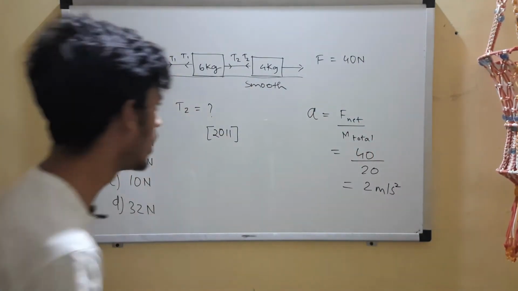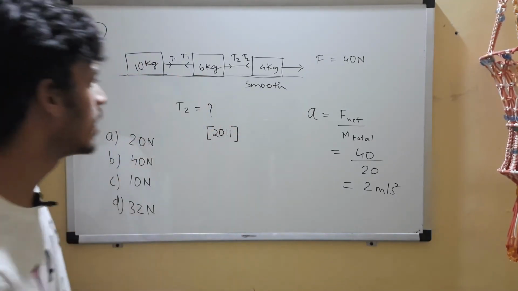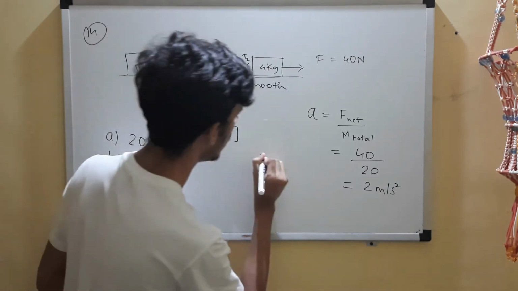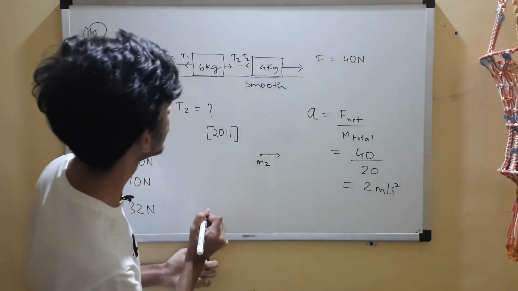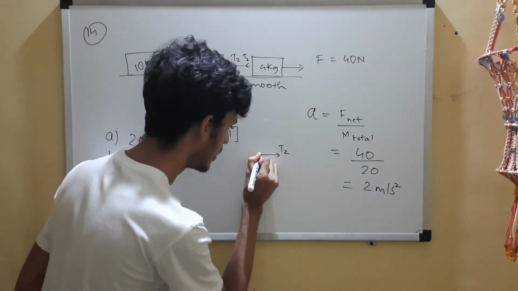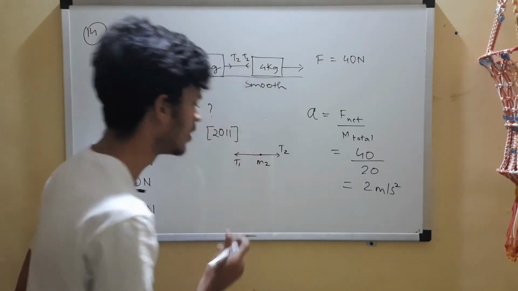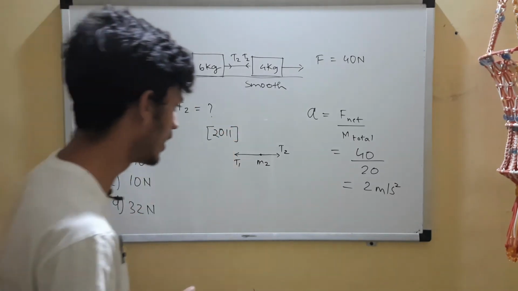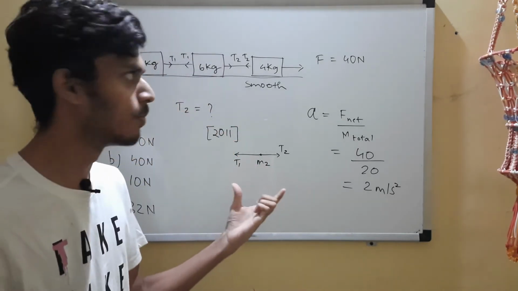Okay, so let's draw the FBD of the second one since we want T2. So this is M2. Let's draw its FBD. So you have T2 in this direction and you have T1 in this direction. There is no vertical motion, so mg has cancelled, and let's not consider that. So you can write the equation of motion for this, right?